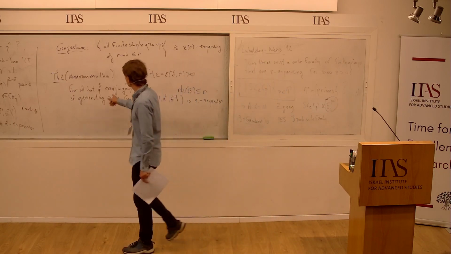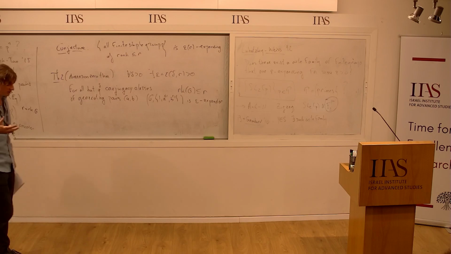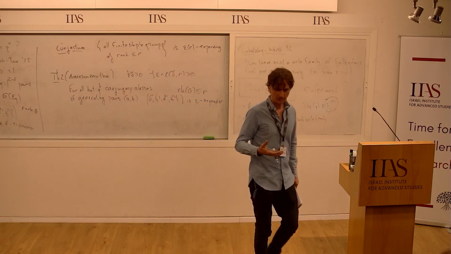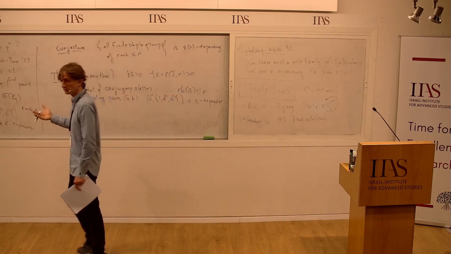Yeah, so you have to look at conjugacy classes, because of course if you have a generating pair which is a counterexample to the conjecture, with a very bad spectral gap, then every conjugate of this pair will also give you the same spectral gap.